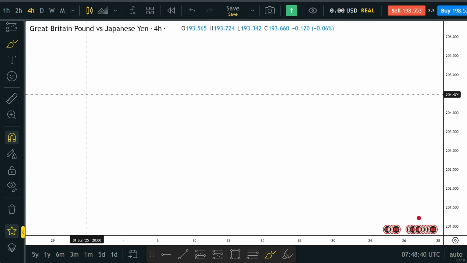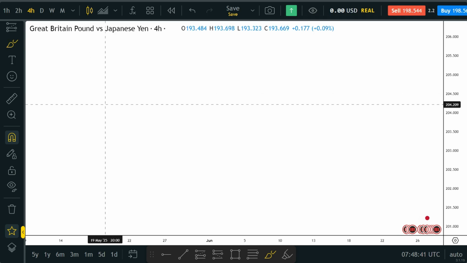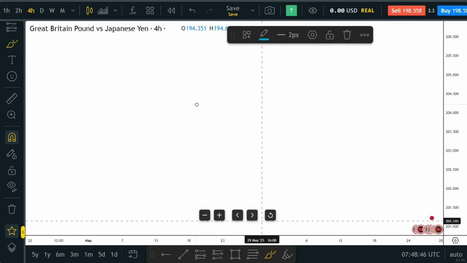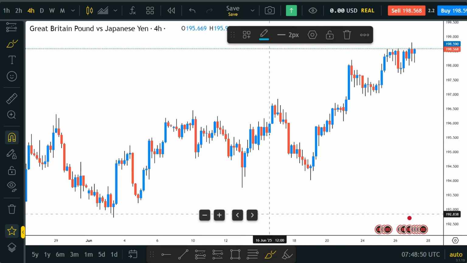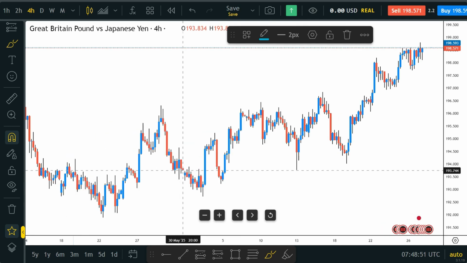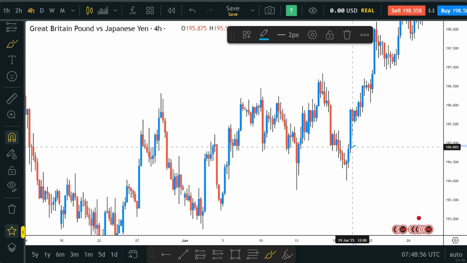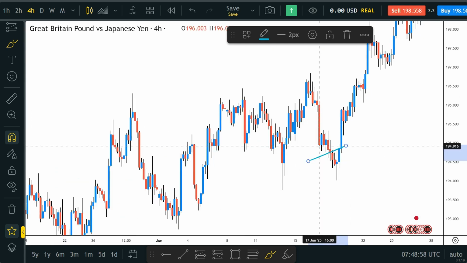So I think we'll have to use the charts so that we can go through it together. Okay, this is GBPJPY, and as you can see, the market has been trending to the upside.